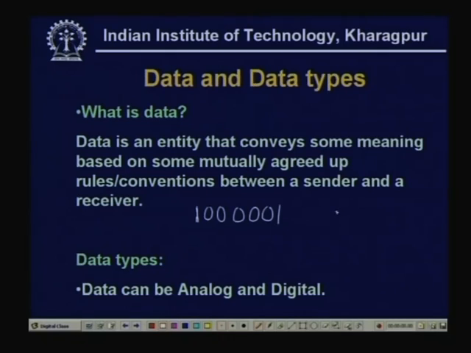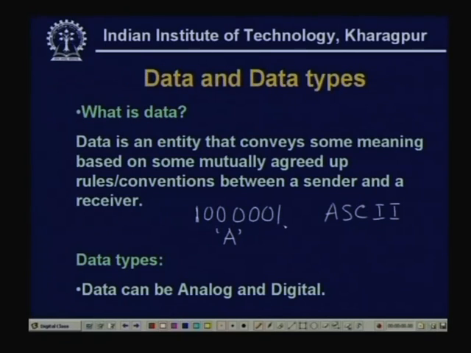But once it is told that an ASCII character has been sent, as you know, ASCII stands for American Standard Code for Information Interchange, the receiver will know that an ASCII character has been sent, which is nothing but the character code for the character A. That means A has a 7-bit code 1000001.